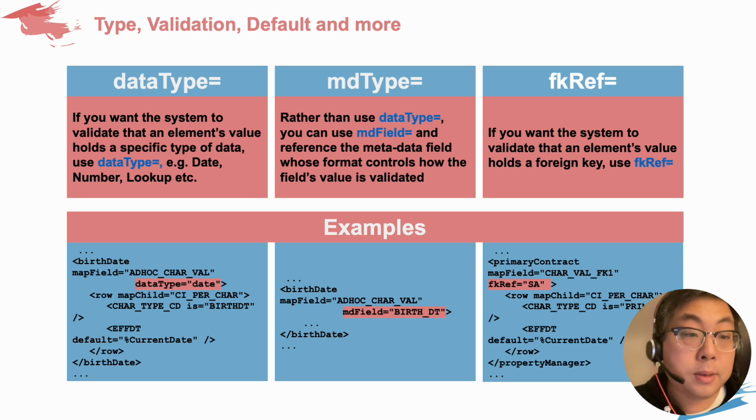Remember, when we use the data type and MD field, they are normally looking at the metadata layer. So MD field is matching a metadata field and takes the type of that field from the metadata. It doesn't have to match the database.